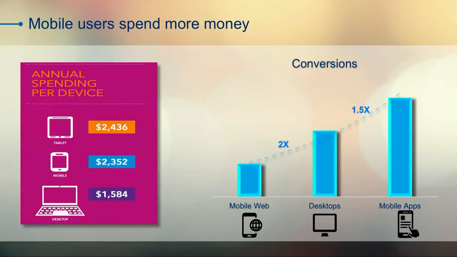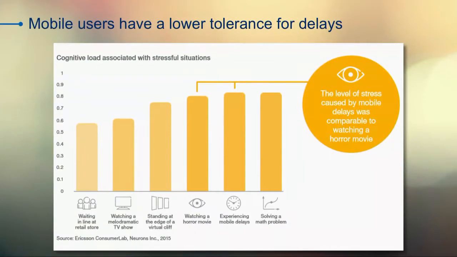Mobile users are not only more loyal, the app users actually spend more money per year online. If you notice the conversion rates, the app users have the highest conversion rate. They're your most loyal users. But as you start thinking about mobile performance, their needs are also so high.